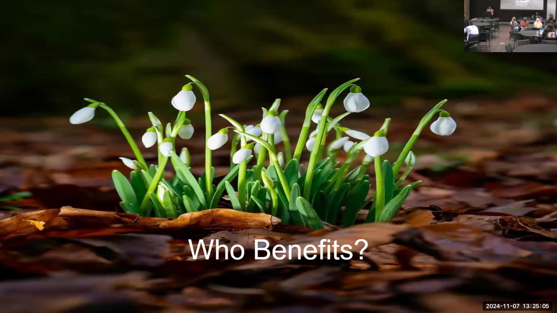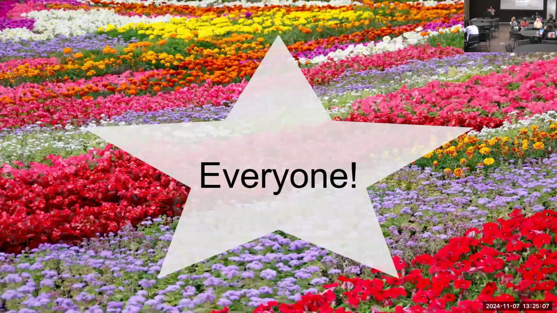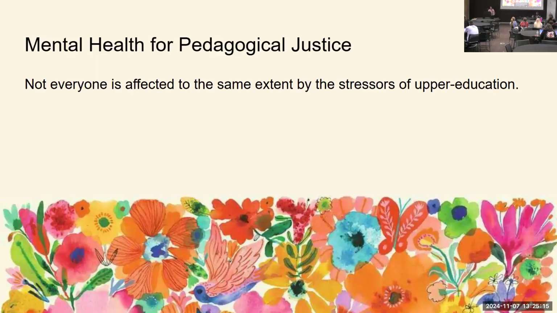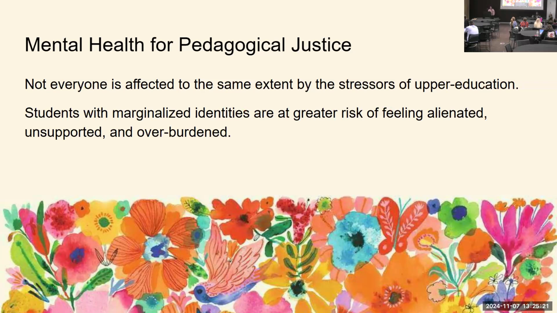Now, who benefits from all of this? Everyone, of course. All accessibility measures do in fact have massive benefits for everyone. Specifically worth keeping in mind that not everyone is affected to the same extent by stressors of upper education. And students with marginalized identities, students from oppressed backgrounds are at greater risk of feeling alienated, unsupported, and overburdened.